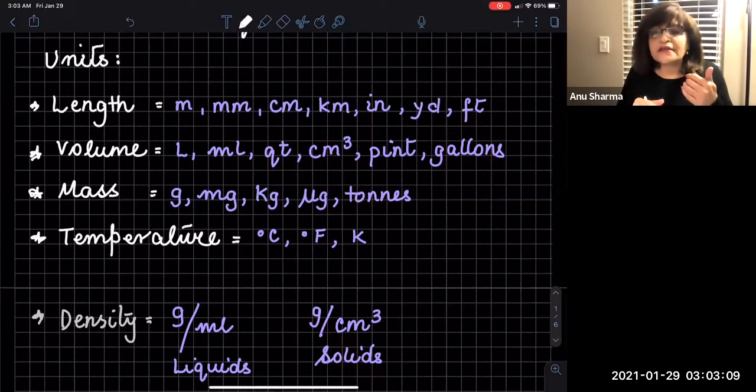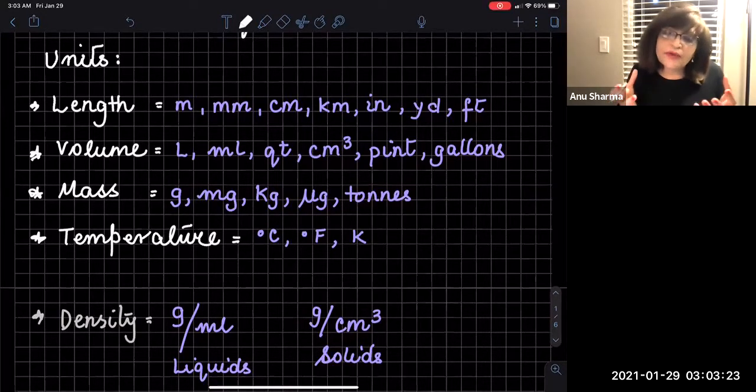So are we taking measurements regarding the length, or is it the amount of space an object is occupying? Or is this number signifying the mass or the weight of a substance? Or is it the temperature, the degree of heat that is present in the substance, or the substance is giving away the heat? So that's temperature, right? Or what is the density? So those numbers have a value when we place a unit after that number.